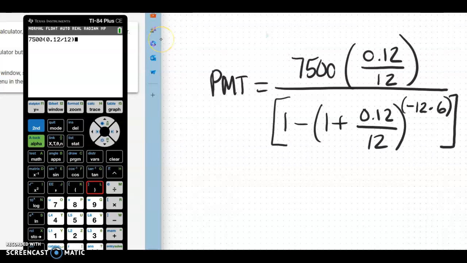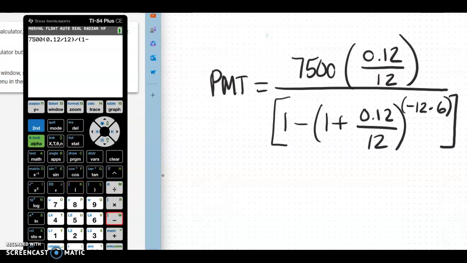If I accidentally put in 750 versus 7,500, that's going to make a big difference. So my numerator is the same as here, I'm good to go. Then I'm going to hit divide by, and I'm going to put in all of the parentheses and bracket here. I'm just going to use a parenthesis for the bracket. I don't have to use a bracket on this calculator.